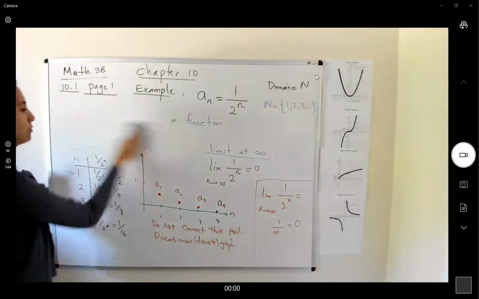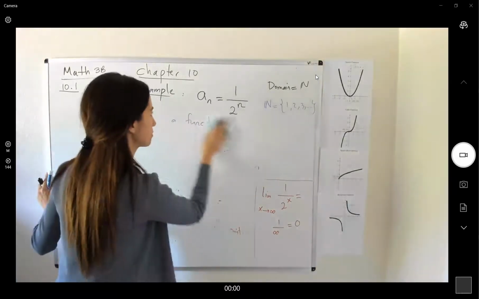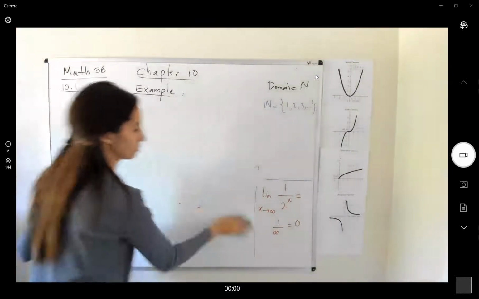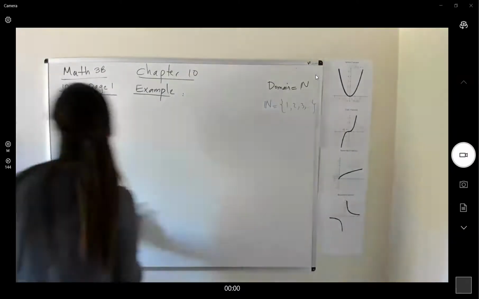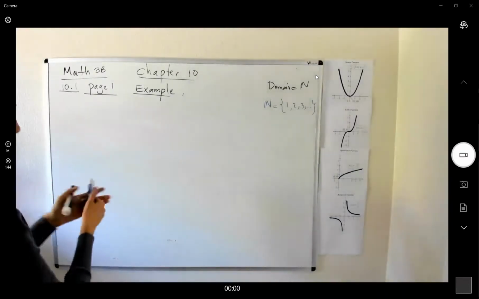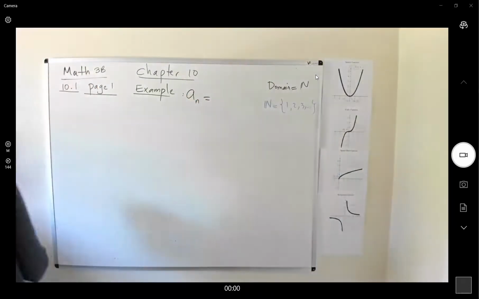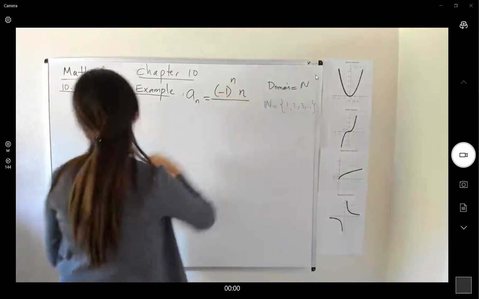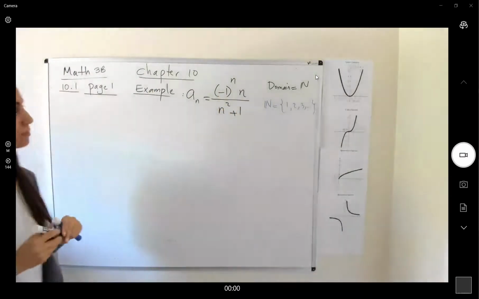Another example for you. Consider this sequence. A sub n is defined as (-1)^n times n over n squared plus 1.